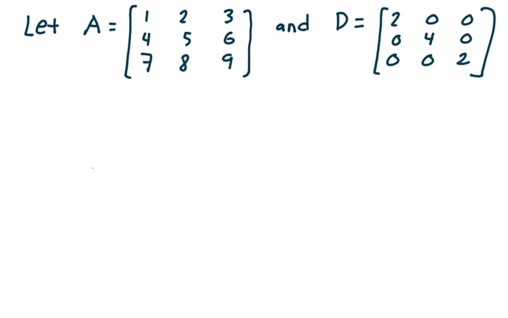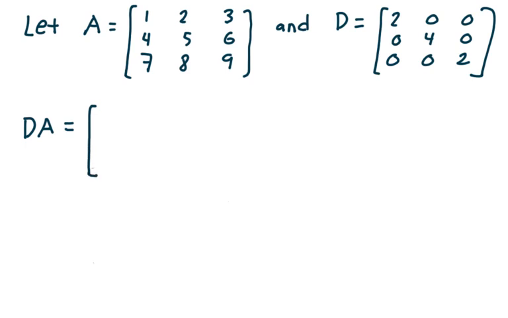Suppose A is the matrix 1, 2, 3, 4, 5, 6, 7, 8, 9, and D is the matrix 2, 0, 0, 0, 4, 0, 0, 0, 2. Okay. So what I want to do is take a look at the matrix DA.